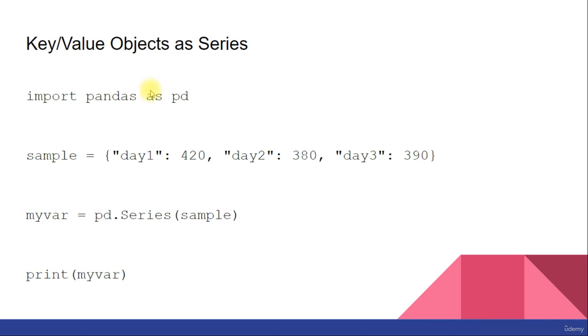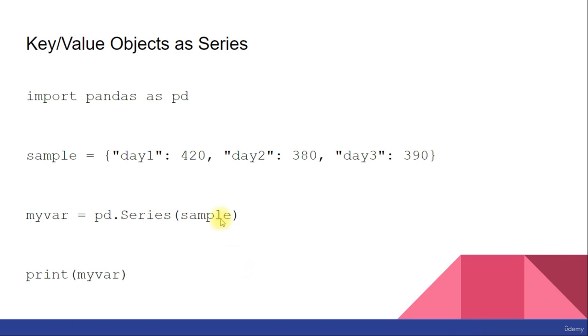Now we can also store key value objects as series. Let's understand this code also. Again, import pandas as pd. Now here I have a Python dictionary. So day 1 is 420, day 2 380, and day 3 390. In the previous code we were having a list. This time we are working with a dictionary. Nothing changes. Now here again I have the pd.Series function.